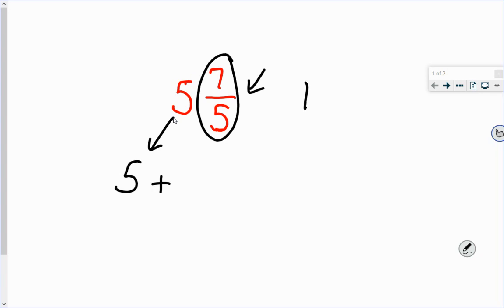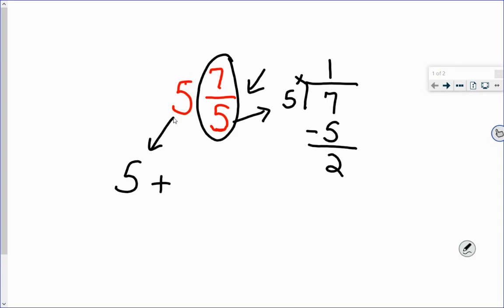Well, we divide. Remember, the bottom number goes outside, the top number goes inside. Okay? So what number times 5 will give me 7 or less? Well, you've got to be close. 1. 1 times 5 is 5. We subtract, we have 2 left over. So everything we need for our mixed number is here.